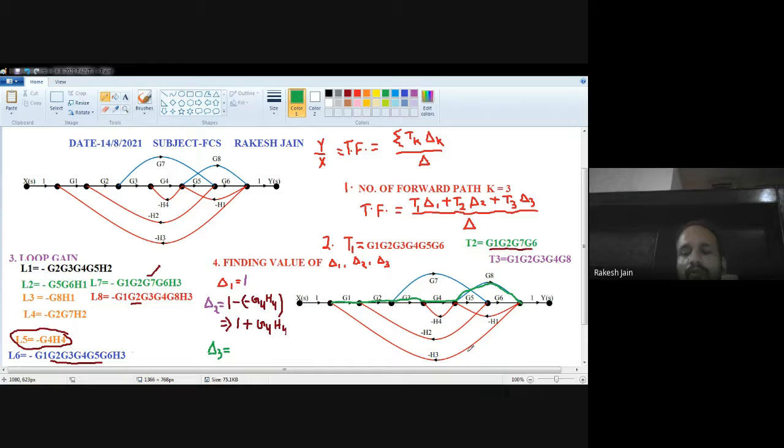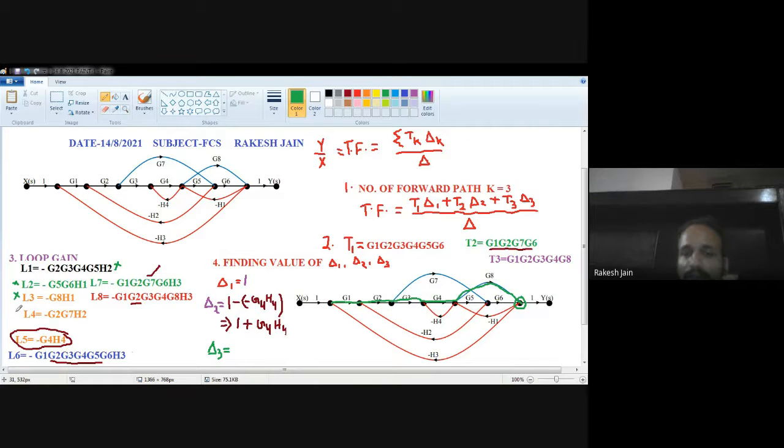Okay, so which loop does not touch? I will do this very fast. G1, G2, G3, G4, G8 are there, so all of those touch, and we cannot use them. In loop 1, G2 is there, so it is touching. In loop 2, G5, G6, H1 is there, so the last node will be touched, and we cannot use this one. Similarly, loop L3 consists of G8, so it will also touch.